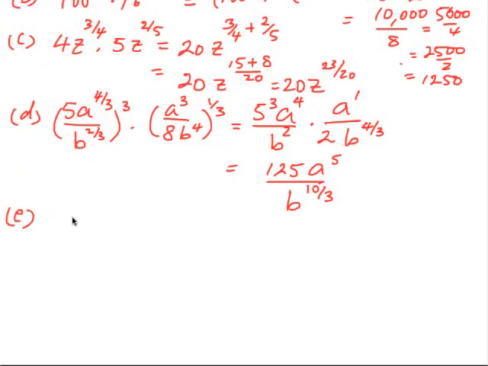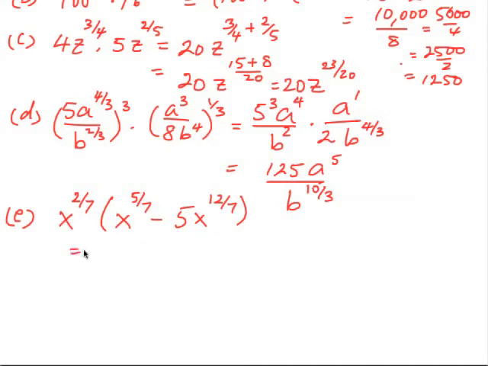Alright, let's suppose I have x to the 2/7 times x to the 5/7 minus 5 times x to the 12/7.